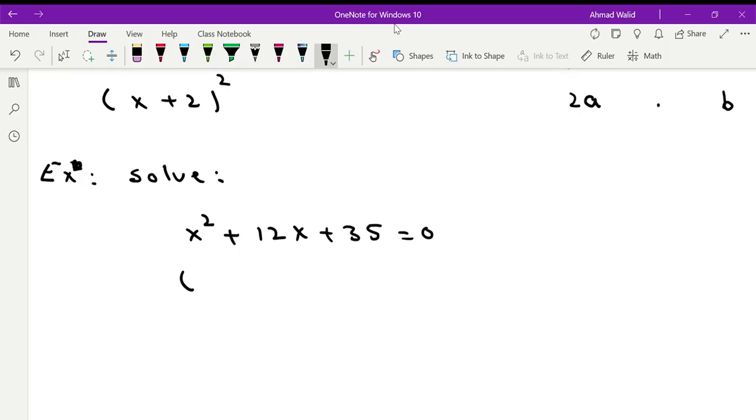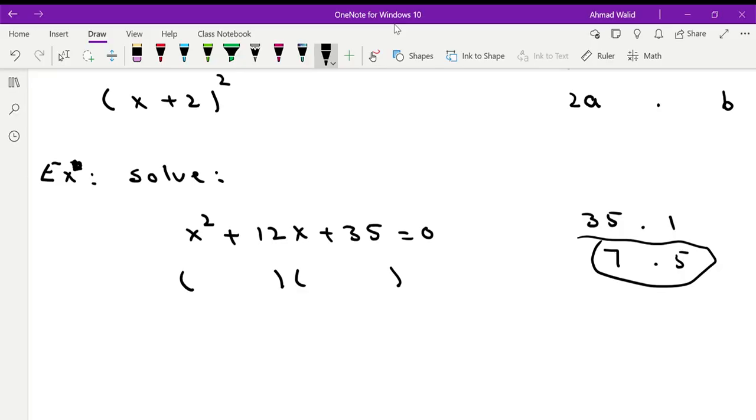Let's see. Open two parentheses. What are the possible factors of 35? 35 times 1. Of course, you cannot use 3. You cannot use 4. But I can use 5. 5 times what? 7. Which pair to add gives me 12? Of course, this one. 7 and 5.